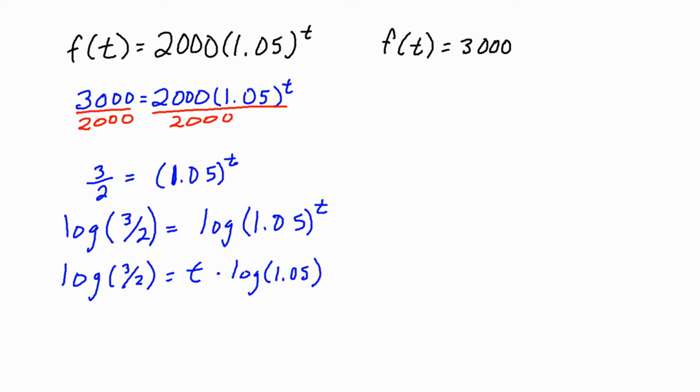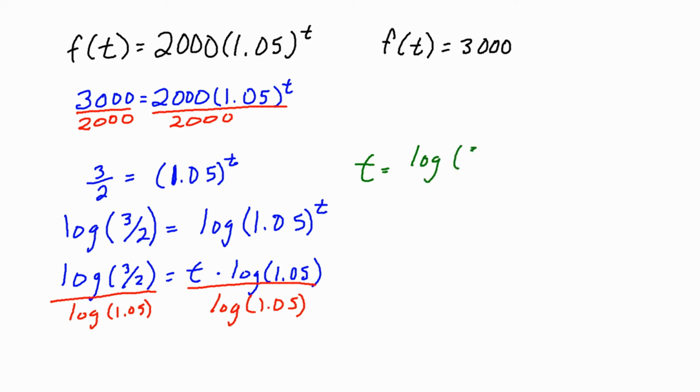This allows us to solve for t by dividing both sides by the log of 1.05. So t equals log of 3 halves divided by the log of 1.05. And we're ready to calculate.